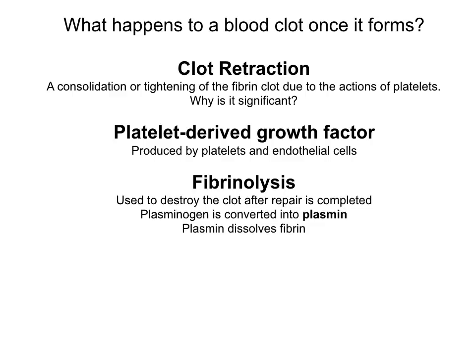And in order to do fibrinolysis, we're going to have to take an inactive enzyme in your plasma, called plasminogen, and convert this inactive enzyme into a highly active enzyme called plasmin. Plasmin has the ability to dissolve fibrin, meaning it can dissolve away your clot.